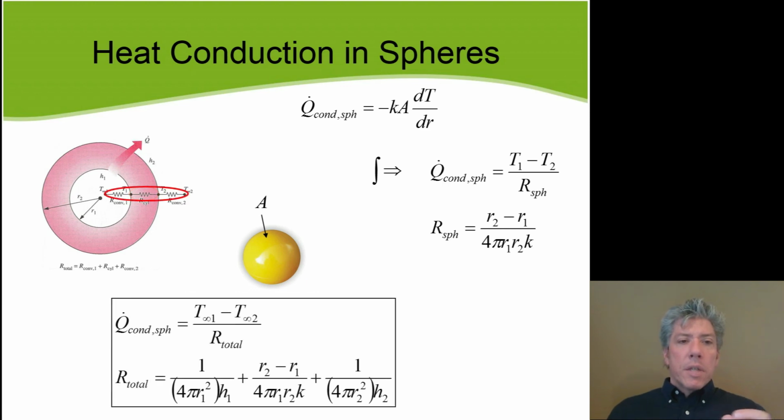The point is that we've figured out the resistance of the sphere's shell, and now we can talk about the total thermal resistance and the total temperature difference, T infinity 1 minus T infinity 2, which is the driving force for heat transfer from the fluid that's convecting inside of the sphere to the fluid that's convecting outside of the sphere. And you can see again the 3 resistances simply added together here, because this is simply a series network.